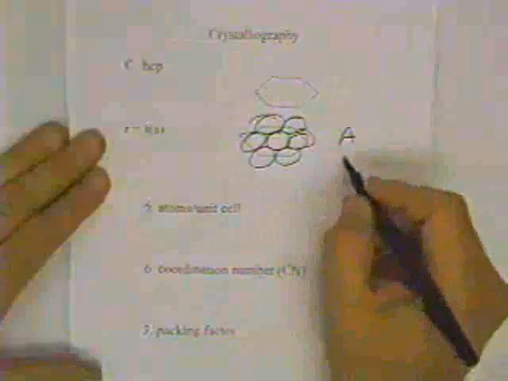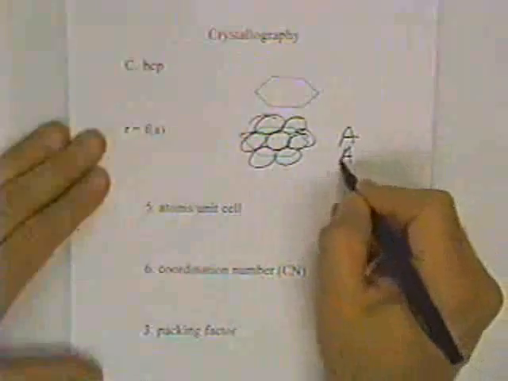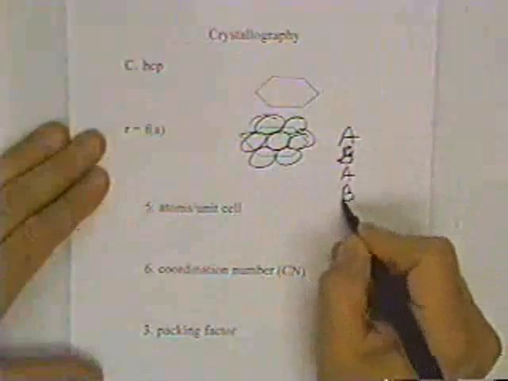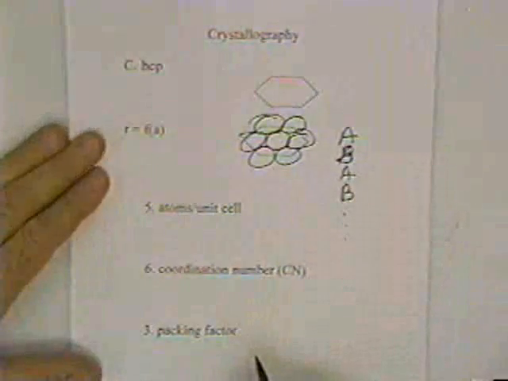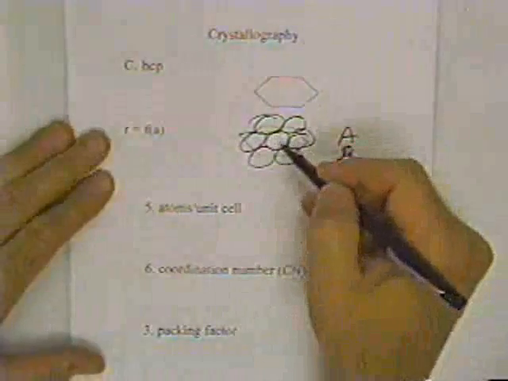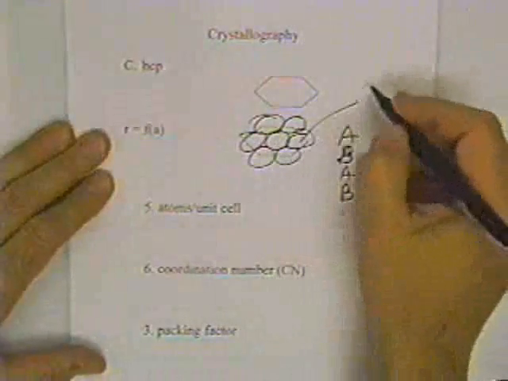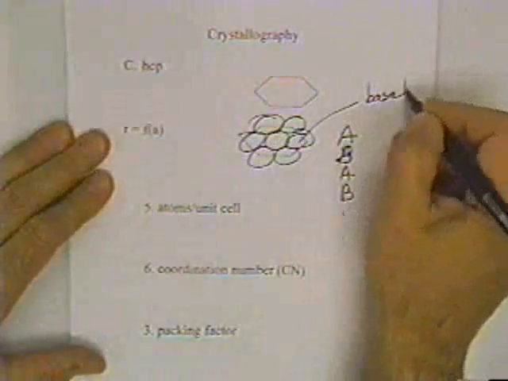However, the hexagonal close packed is stacked a little bit differently. It is stacked AB on through space.